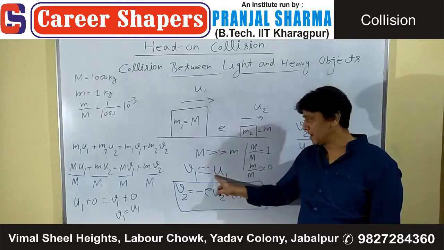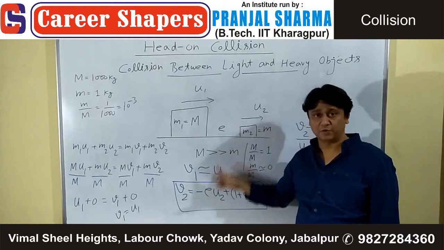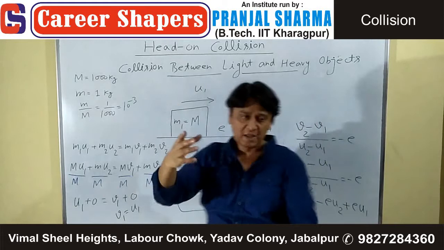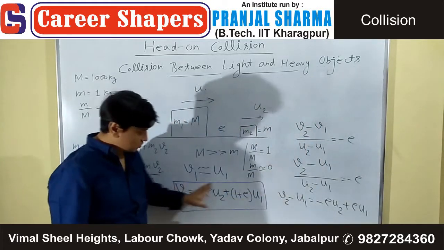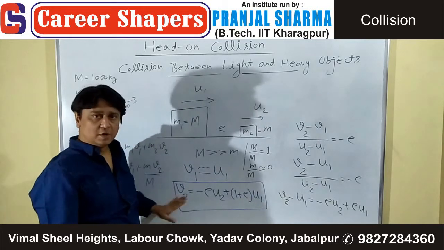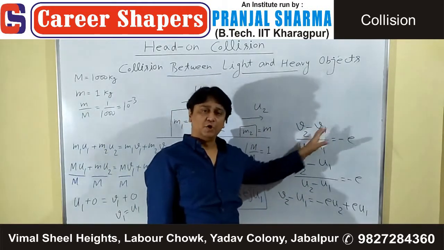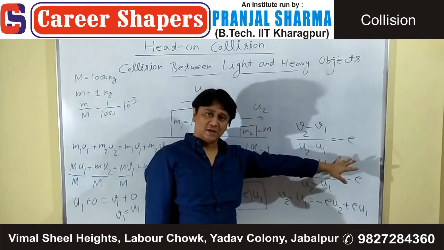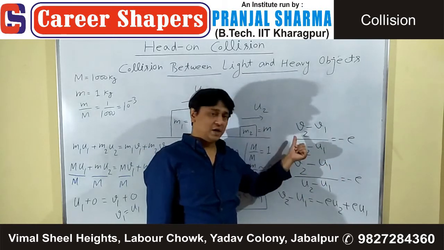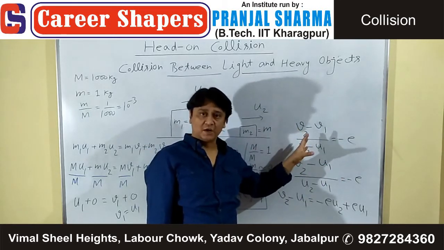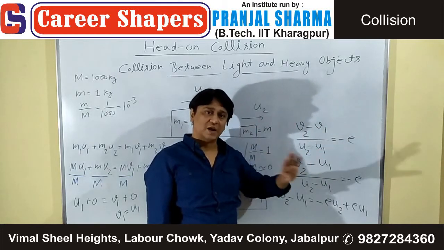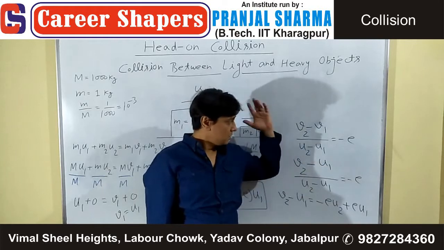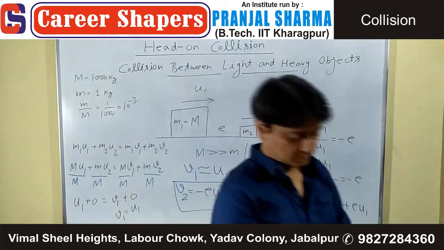The moment you remember that V1 doesn't change, velocity of heavier object doesn't change, then remember this. If you don't want to remember this whole setup in this form, simply remember this: V2 minus V1 upon U2 minus U1 equals minus e. जो भी heavier object है, 1, 2 कुछ भी हो, उसकी velocity को क्या कर दो आप? Same रखो. Write down everything.